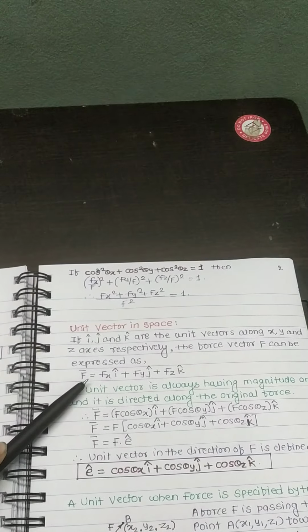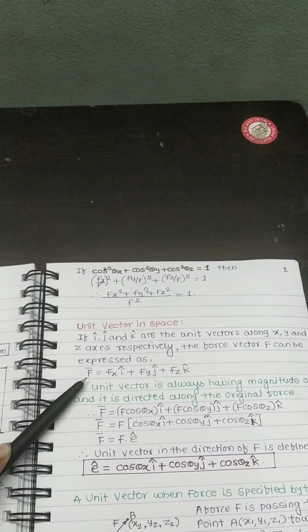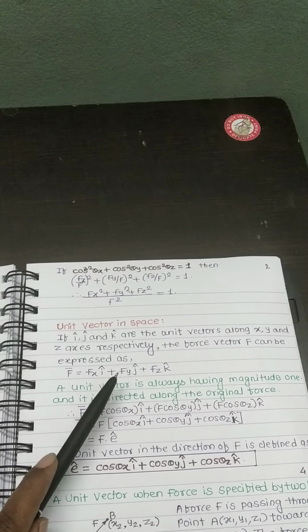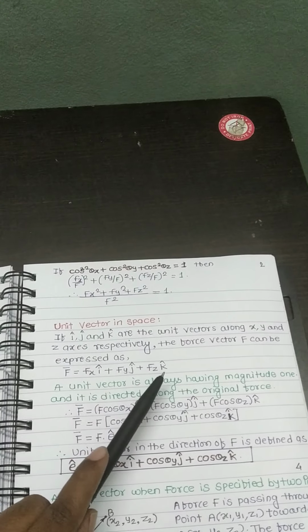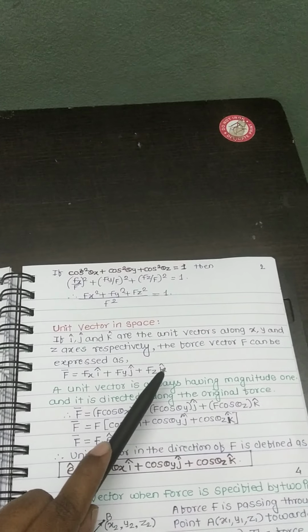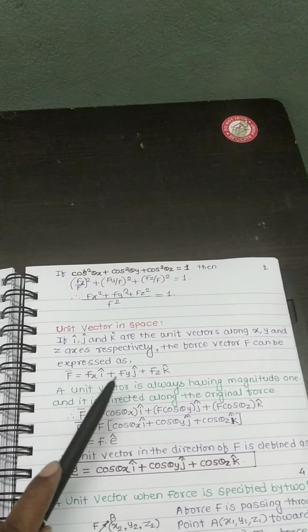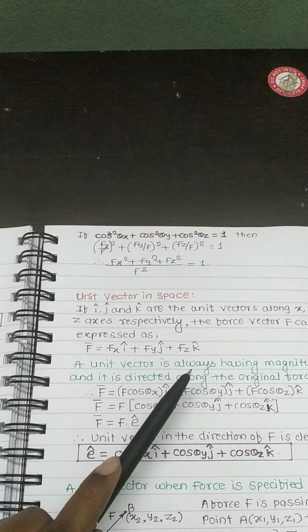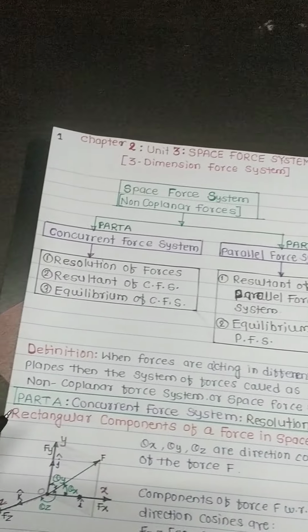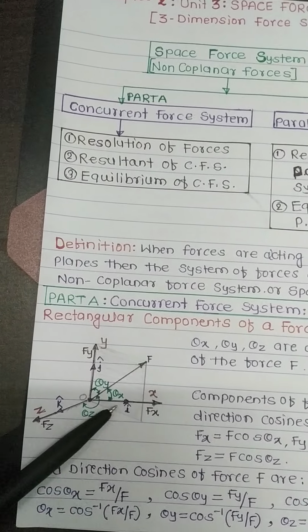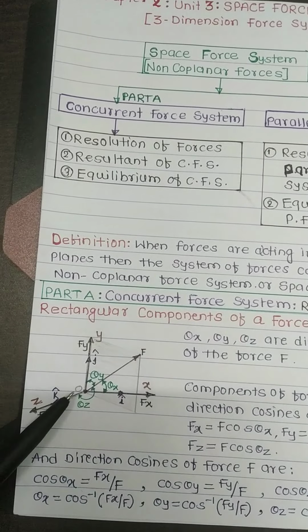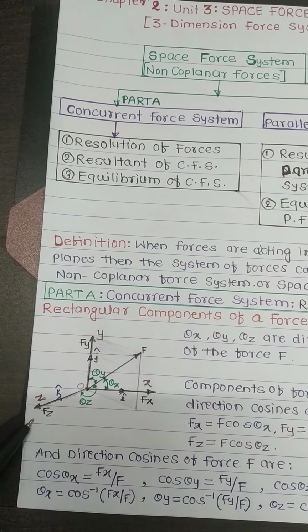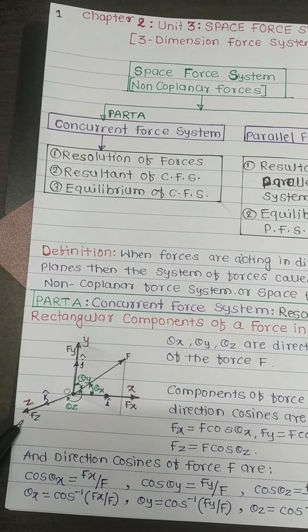In Cartesian vector, force F is expressed as Fx i cap plus Fy j cap plus Fz k cap, whereas i, j and k are the unit vectors along x, y, z respectively. You can see in this figure, i is directed along x-axis, j is directed along y-axis, k is directed along z-axis.